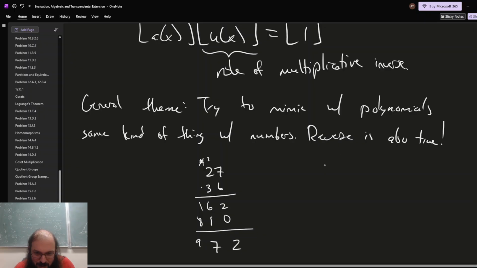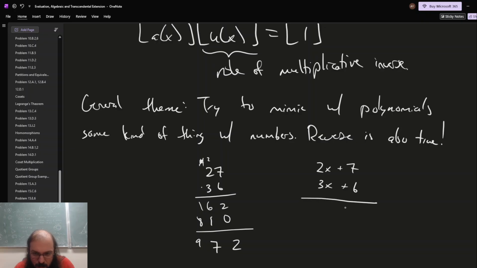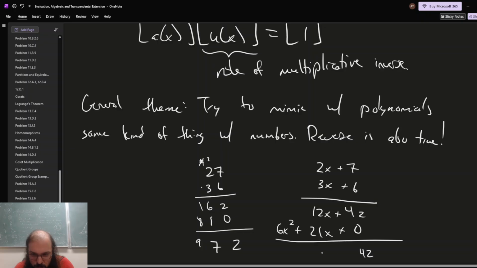But in any case, how about this? And you notice, right? There's no carrying. It all just gets bunched together. And then you get 42 and 33x and 6x squared.